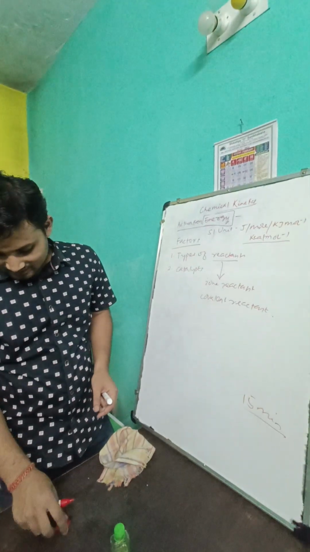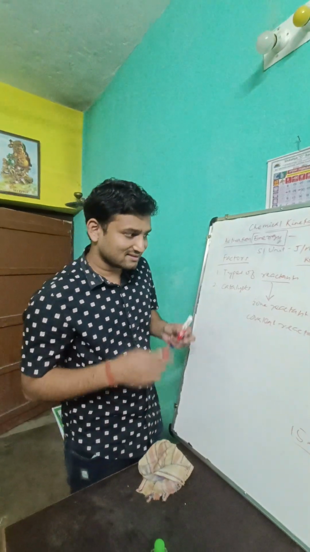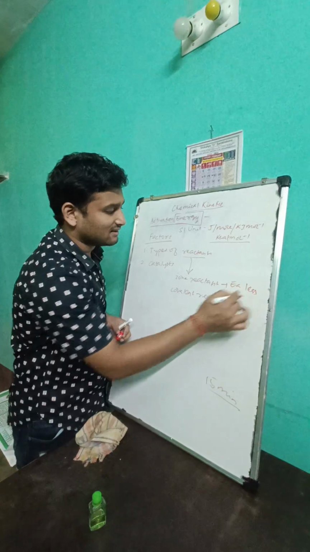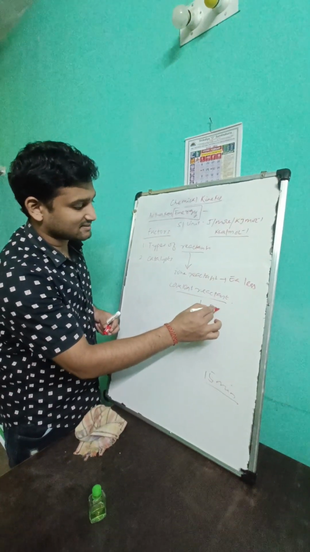In ionic reactants, the activation energy is on the lesser side, and for covalent reactants the activation energy will be on the higher side.